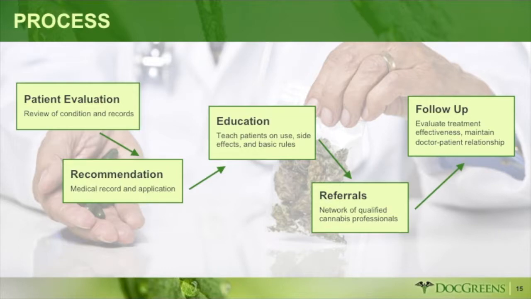We'll give referrals to qualified cannabis professionals, as I like to call them. That's really people who are somewhat trained to deal with patients and medical conditions and the situations that arise when patients are trying medications and dealing with other things. And then we'll follow up with the patient, so basically evaluate and maintain effective treatment if they're having any other issues.